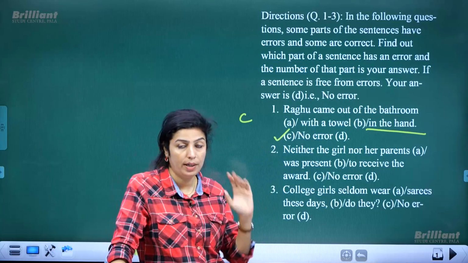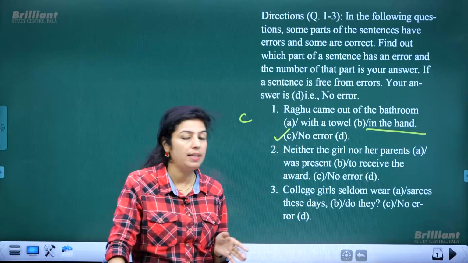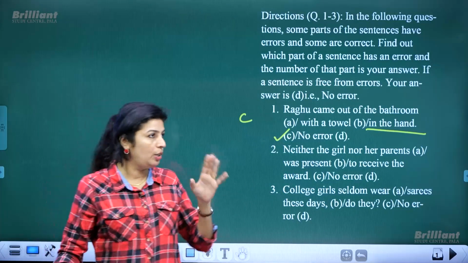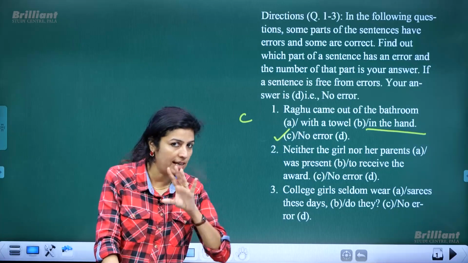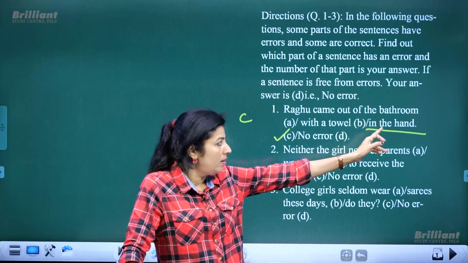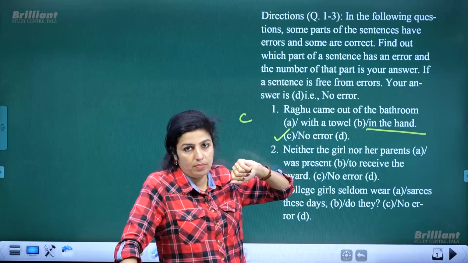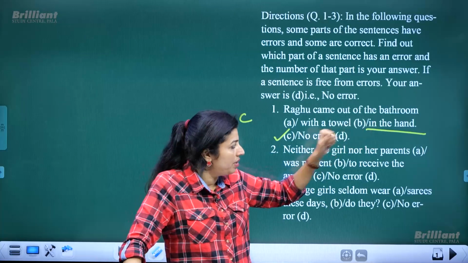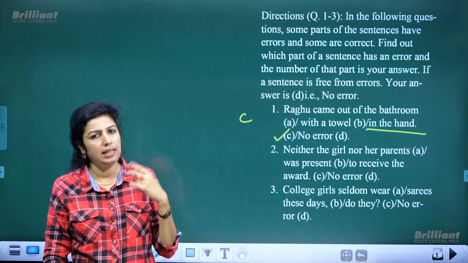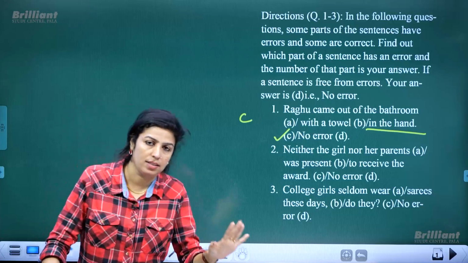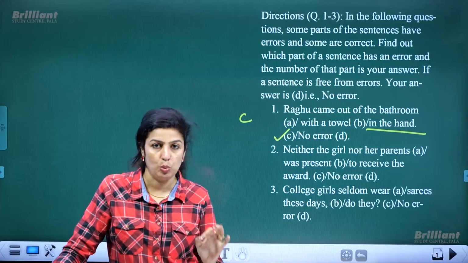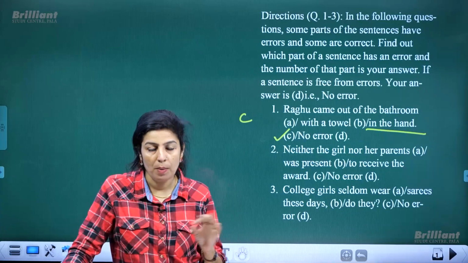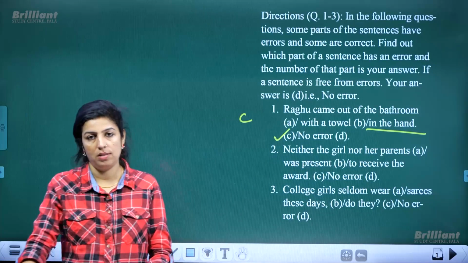Why is it wrong? What is the error? In the hand. You remember based on the discussion session that we had recently, definite article the or indefinite article a, whatever it be, articles are not used before parts of body or organs of body.